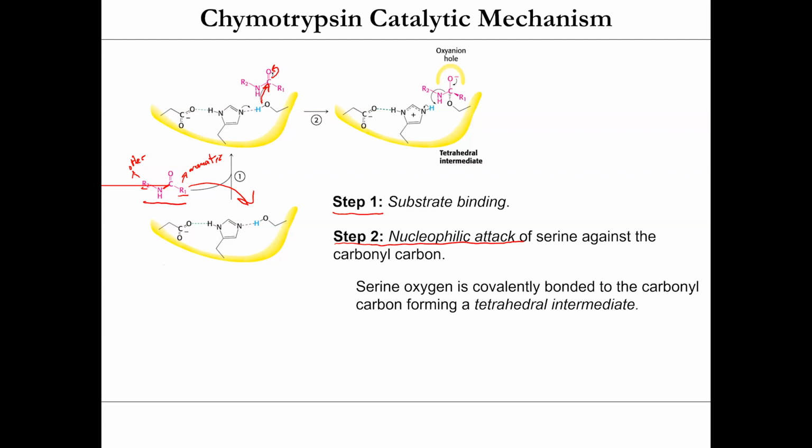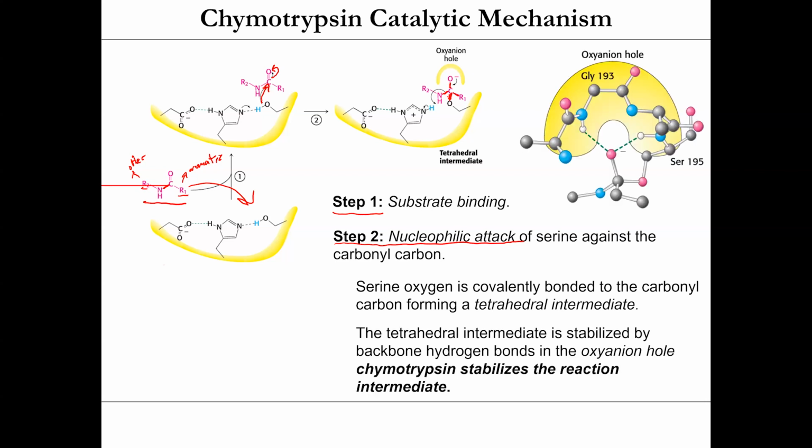So now, since the oxygen is covalently bonded to the carbonyl carbon, this will form this tetrahedral intermediate, where the carbon is bound to amino acid 1, and then there's the peptide bond there, and then it's also bound through a single bond to that carbonyl oxygen, and then it's covalently attached to the serine residue on chymotrypsin.